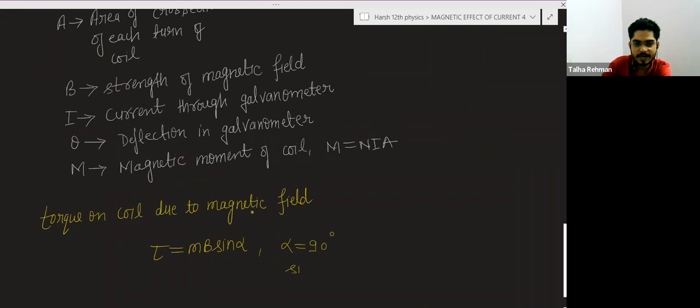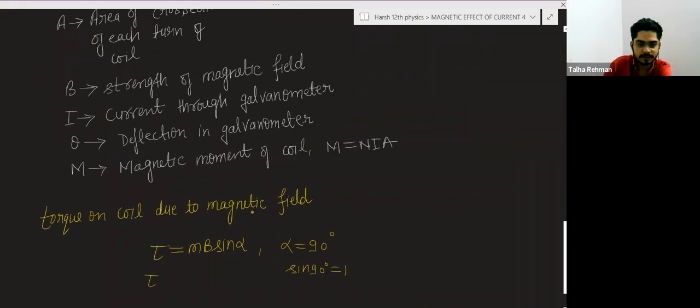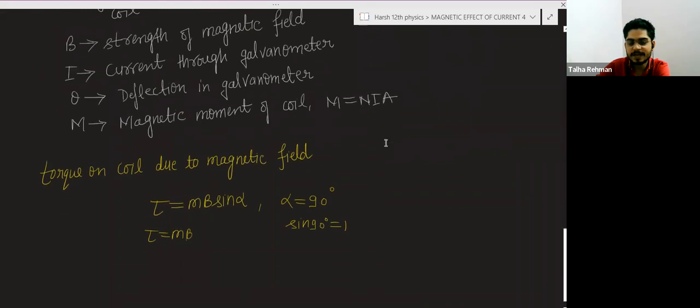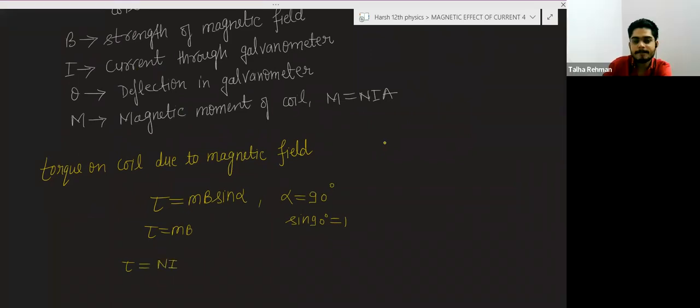What is the value of sine 90? 1. So you will get the torque is equal to mB. Now put the value of m: m is equal to NIA. So this will become NIAB.